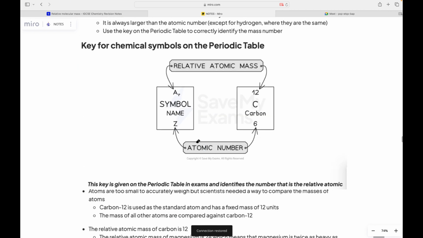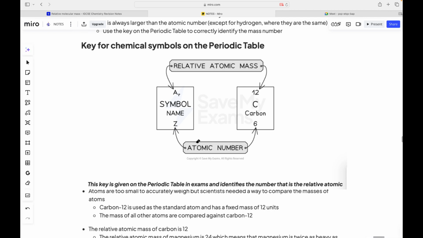So let's take a look at, first of all, what relative atomic mass is. We say relative atomic mass is the average mass of the isotopes of an element, as compared to 1/12 of carbon-12.